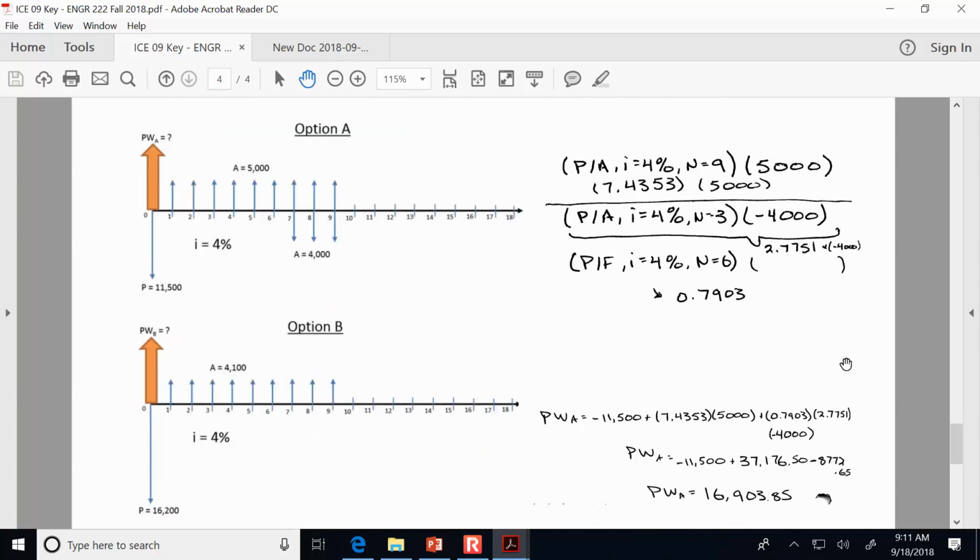What makes this a bit tricky: option B is pretty easy. I didn't see really anybody making mistakes with option B. But option A is a little bit tricky because we've got an annual series that we're going to be moving to year 6. So we've got this inflow annual series where it is 9 years, 1, 2, 3, 4, 5, 6, 7, 8, 9.